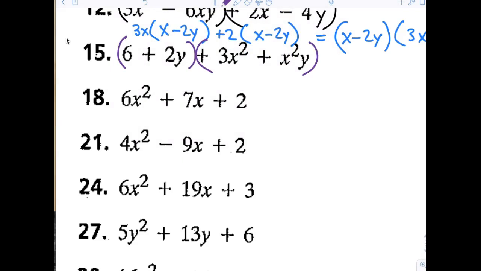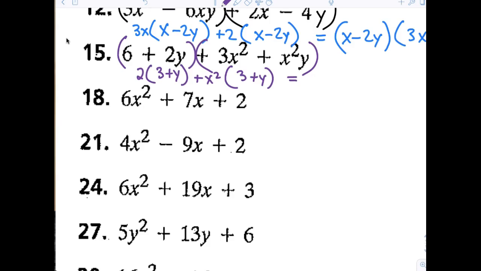All right, somebody tell me what's common. 2, right? What's left behind? 3 plus y. What's common? Positive x squared, right? What's left behind? 3 plus y.